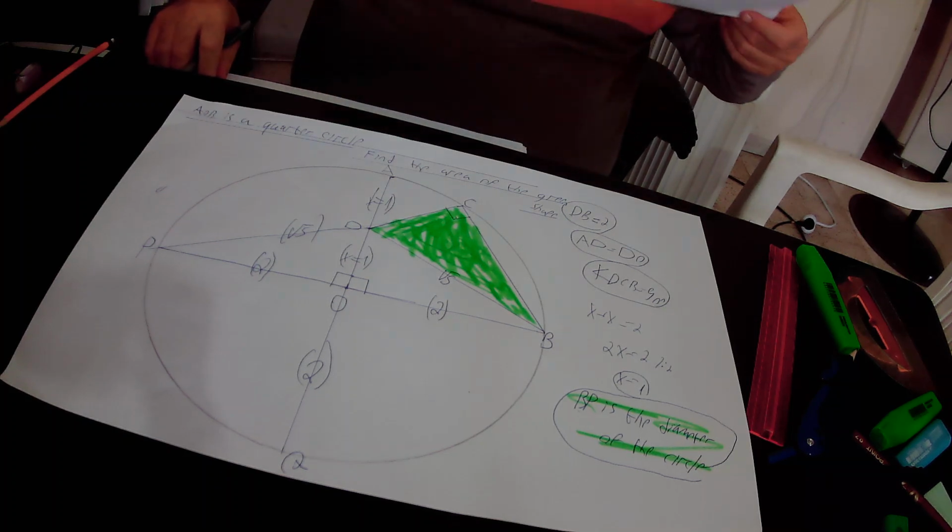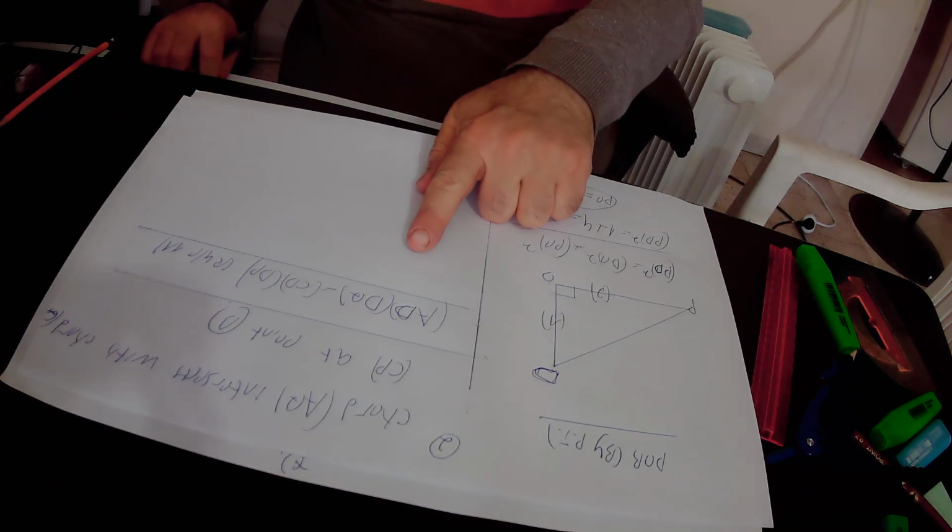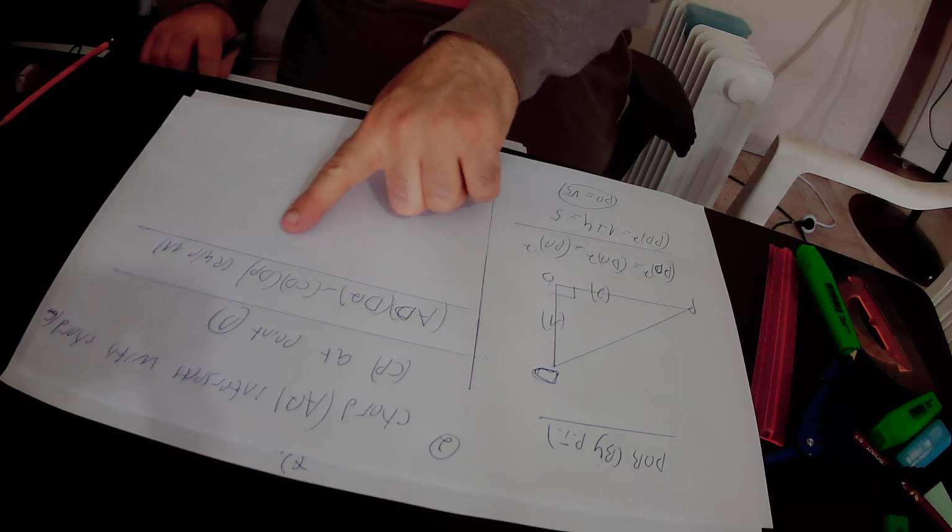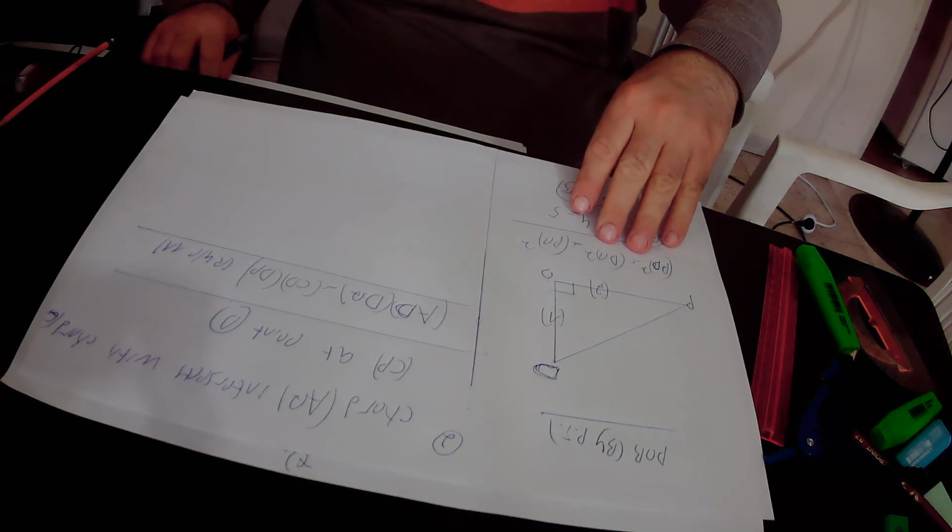Repeat again, according to rule 11, we get that AD times DQ equals CD times DP.